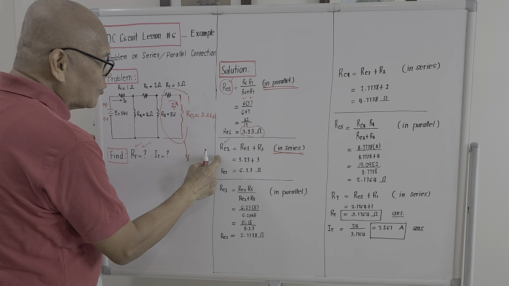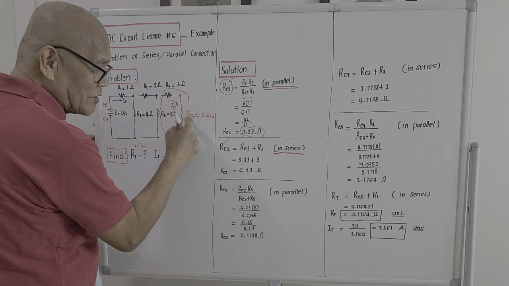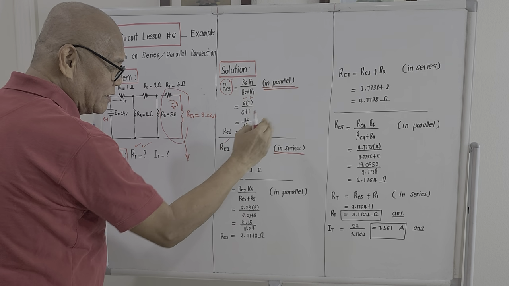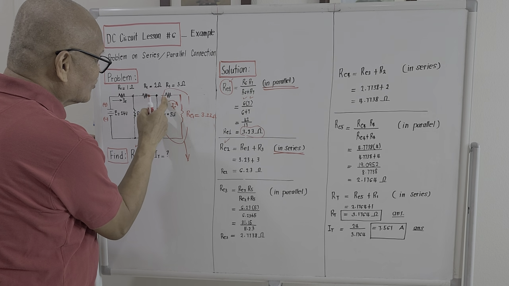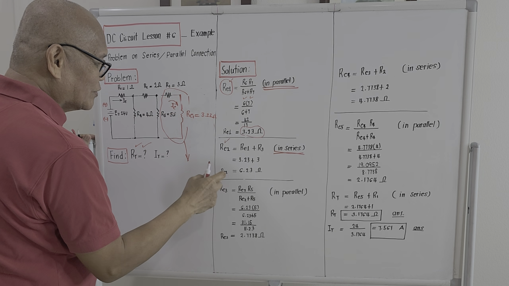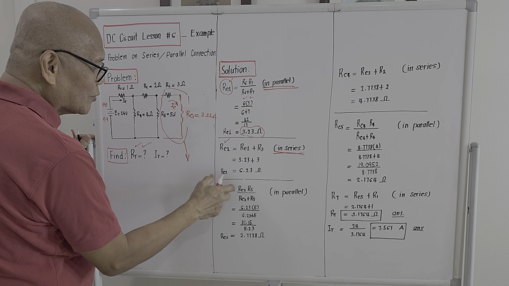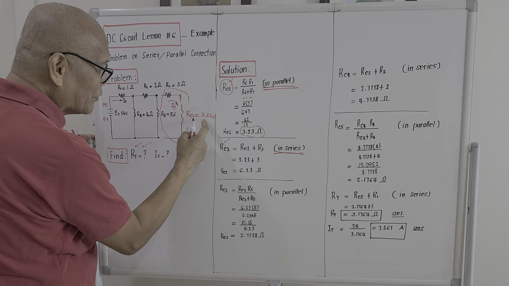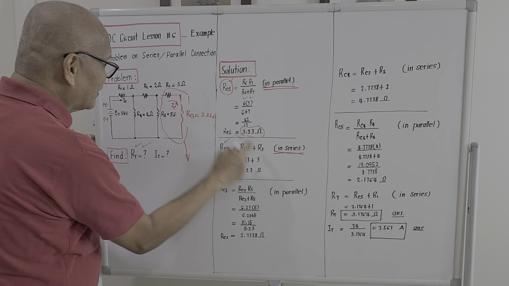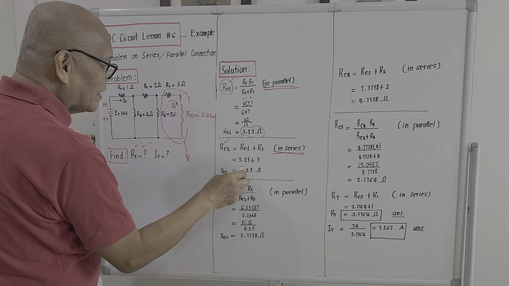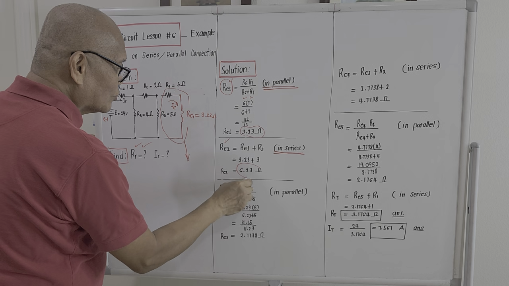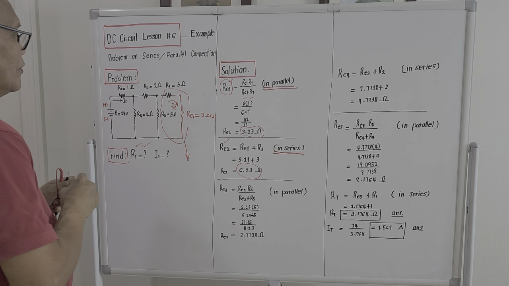So RE2 now will be the single equivalent of R6 and R sub 7, which we erased already, plus this R sub 3 here. So RE with the subscript 2 will be 3.23, the one we computed, plus 3, right? And the value is 6.23 ohms. Okay?